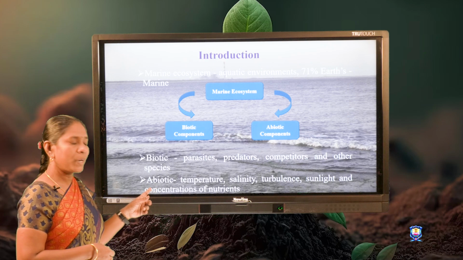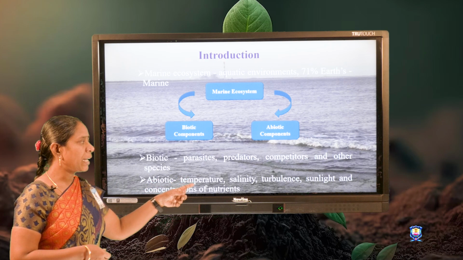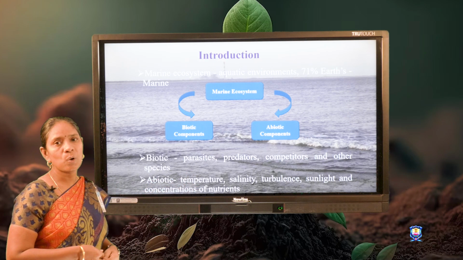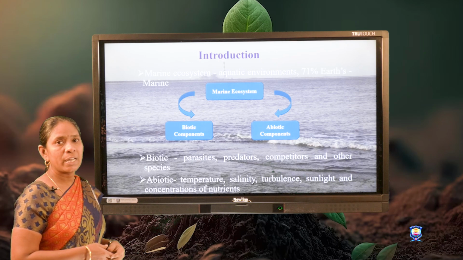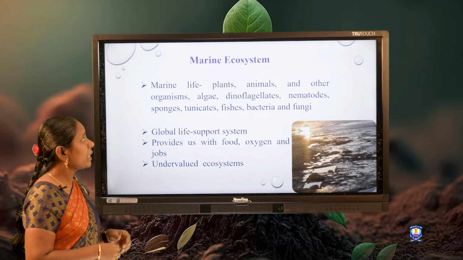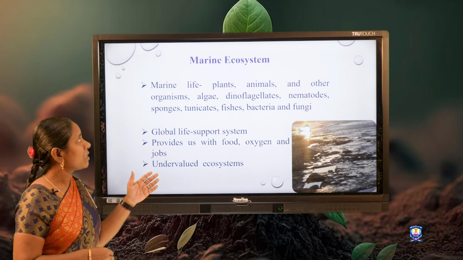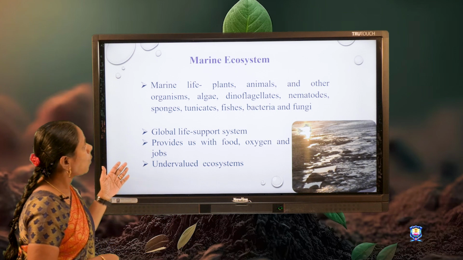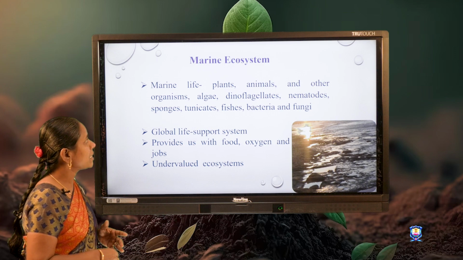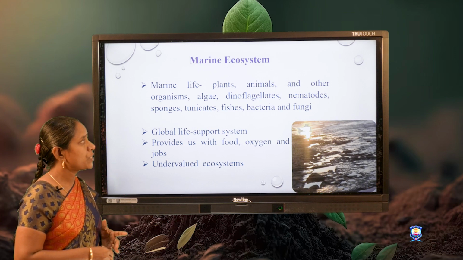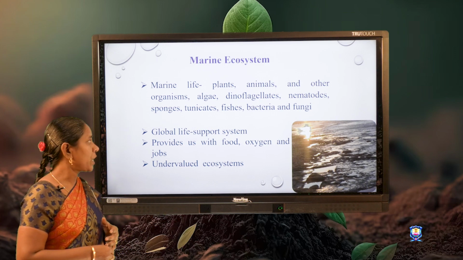The abiotic components include temperature, salinity, turbulence, sunlight and the concentration of nutrients dissolved in the water. The living things found in the marine ecosystem include plants, animals, microorganisms, algae, dinoflagellate, sponges, tunicate, fishes, bacteria and fungi.